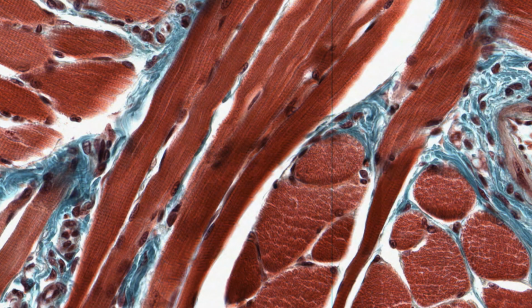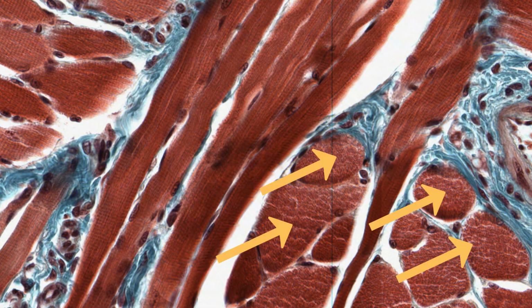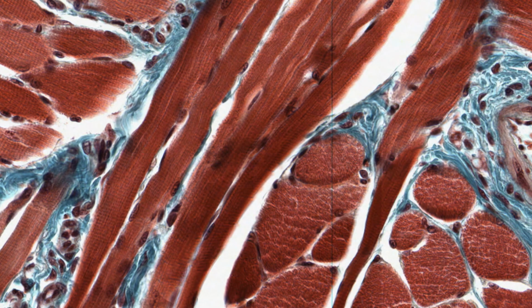Transverse sections also show the rod-like myofibrils in cross-section within the fibres, and these give the fibres their grainy texture. Myofibrils are the structural and functional subunits of a muscle fibre.